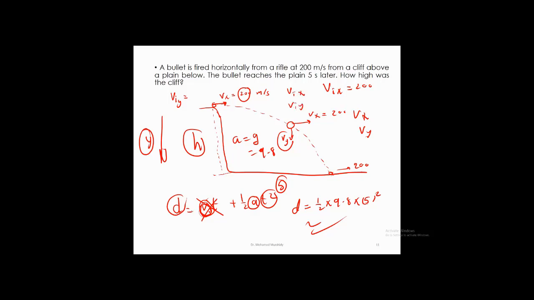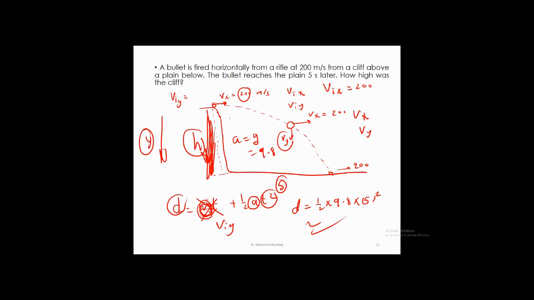Which one is in the formula of d, Vix or Viy? It is Viy, because I'm talking about the height direction. Does height belong to x or to y? I like to ask questions to make things easy. To y, right? So of course here Vi is Viy. Then how much is Viy, the initial speed of this ball in the y direction? Azam's question.